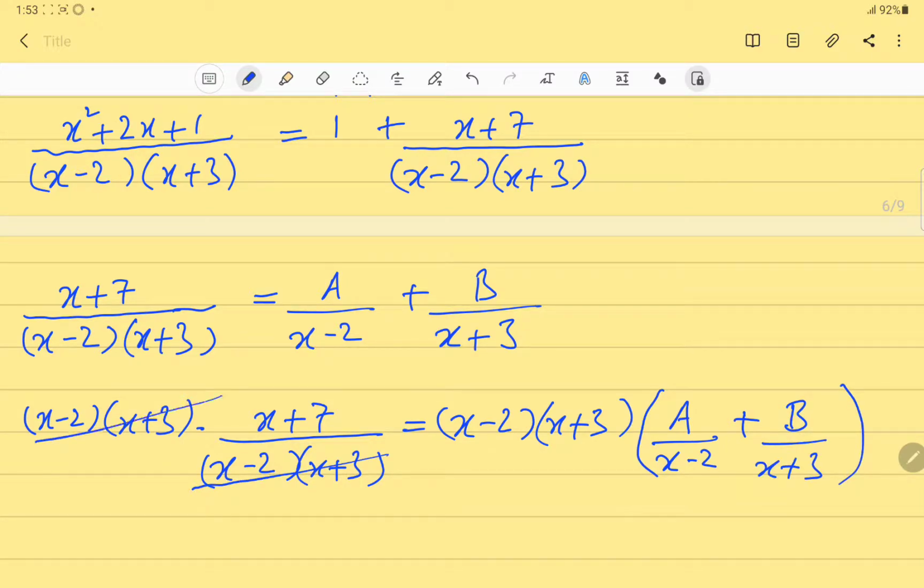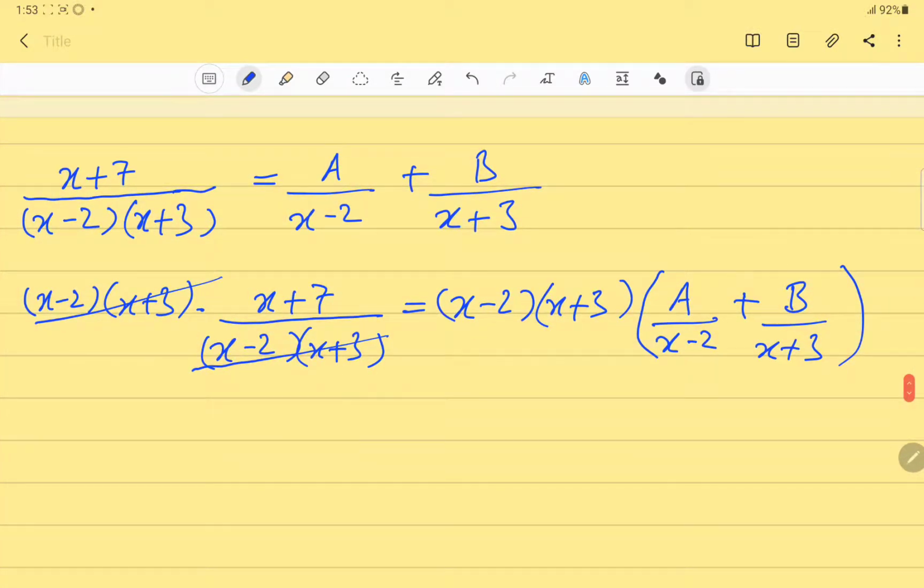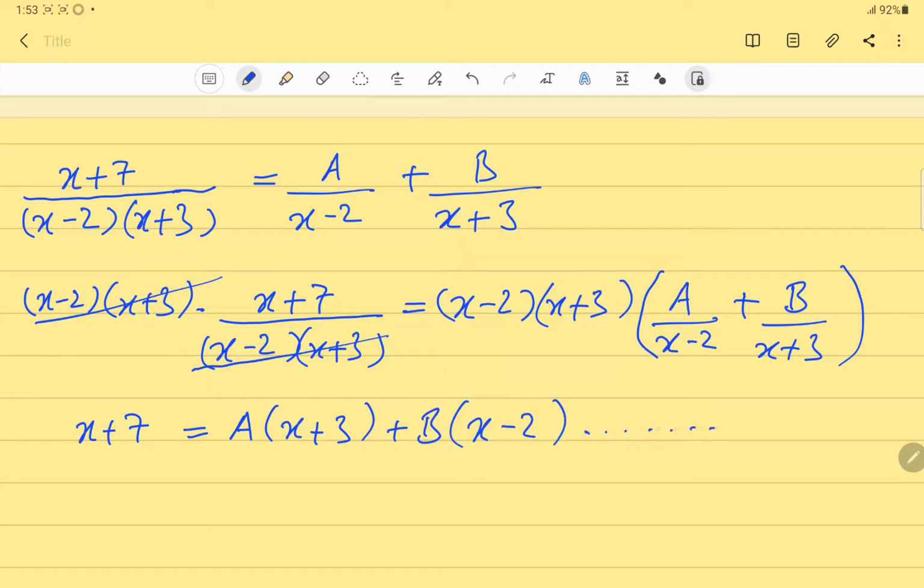This cancels with this and we are left with x plus 7, and when we multiply x minus 2 into x plus 3 with the terms inside the bracket, we get A into x plus 3 plus B into x minus 2. Let us call this equation number 1.